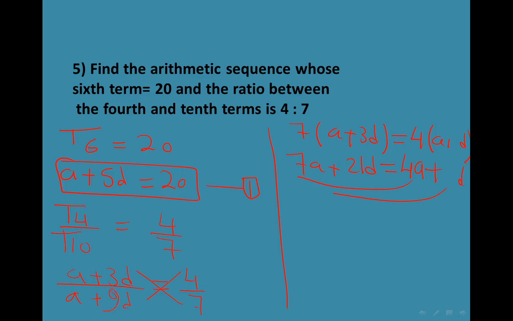Then 7 multiplied by (A plus 3D) equals 4 multiplied by (A plus 9D). 7A plus 21D equals 4A plus 36D. 7A minus 4A plus 21D minus 36D equals 0. Then 3A minus 15D equals 0.